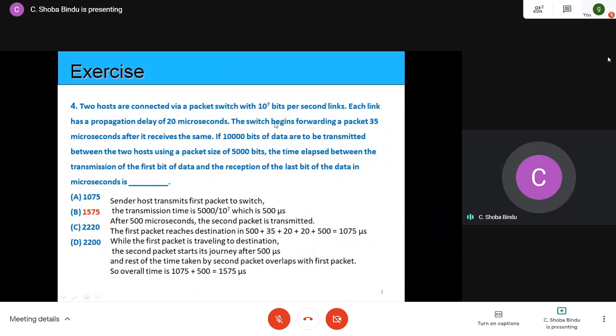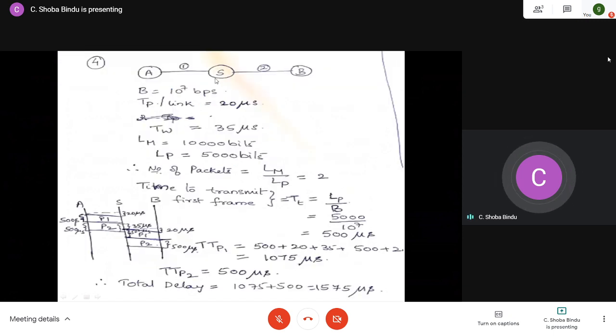And it is also given the waiting time at the switch. The switch begins forwarding a packet 35 microseconds after it receives the same. So the waiting time at the switch is 35 microseconds. That is given.